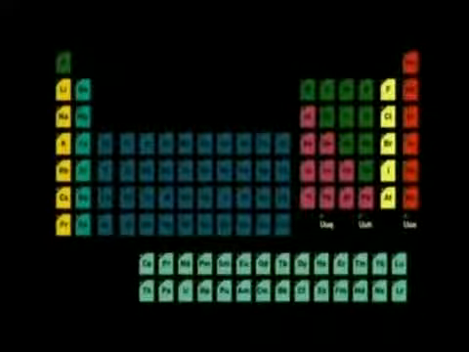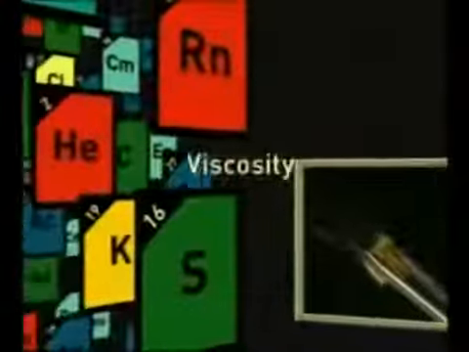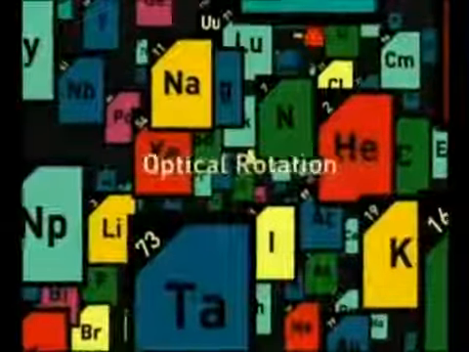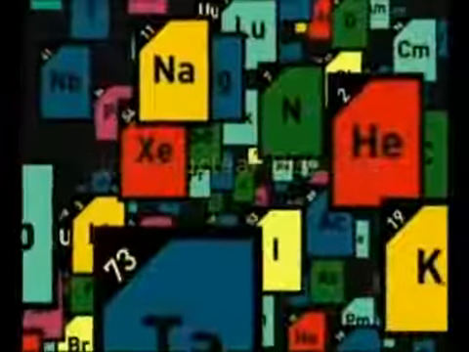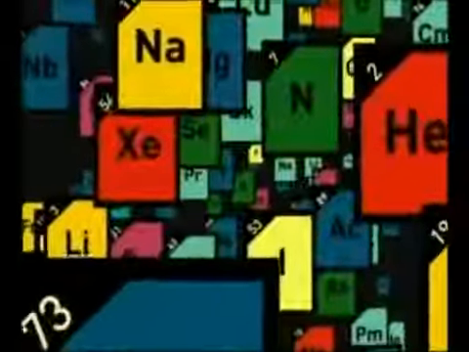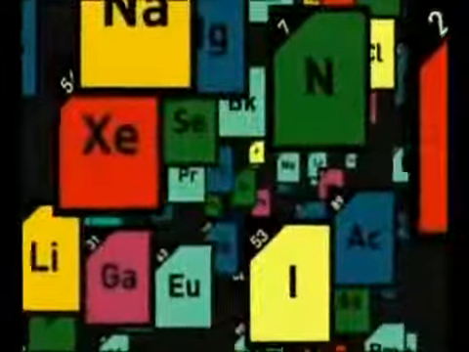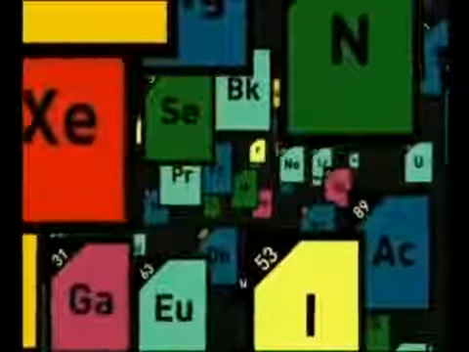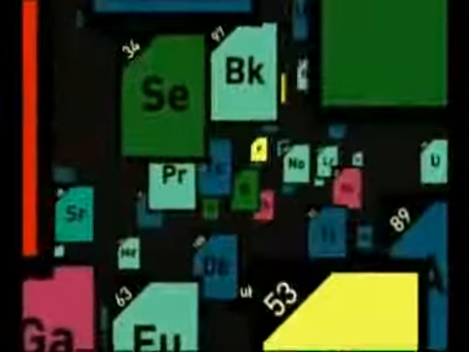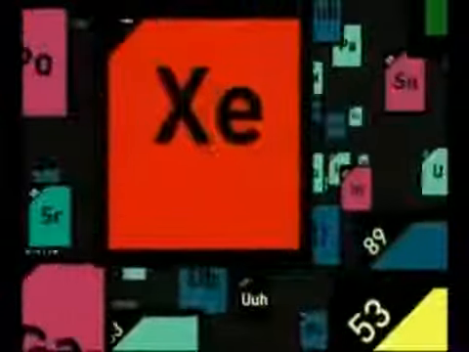How does the periodic table work? Why do similar elements fall in the same column? Each has a unique set of physical properties, like density and melting point, and each behaves a certain way in chemical reactions. But which elements will combine, and how? For centuries, scientists have asked these questions, theorizing and looking for patterns.